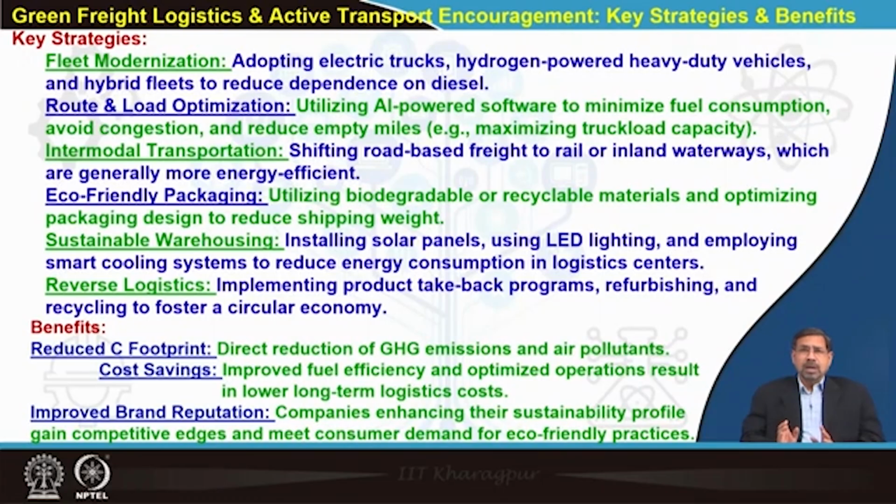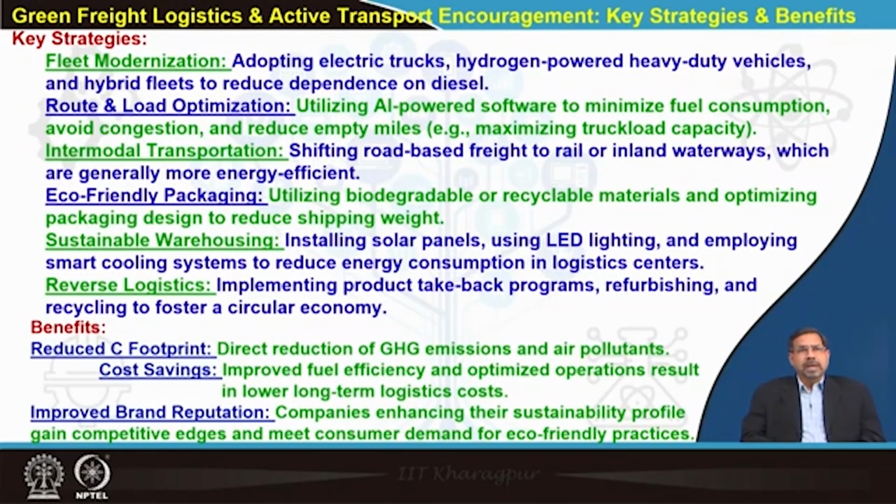We can also avoid the congestion, because if we are avoiding congestion, then our speed can be fast and we will not waste a lot of fuel burning in congested traffic. So, this will help in terms of the key strategies for green freight logistics.